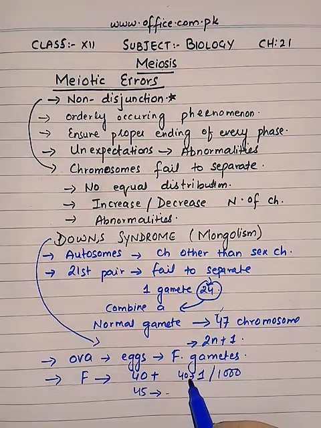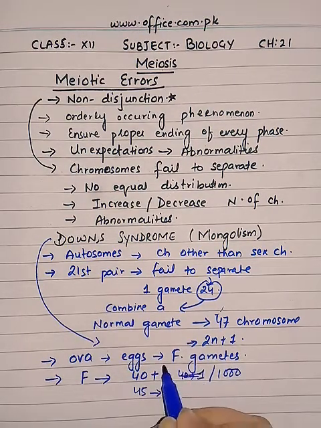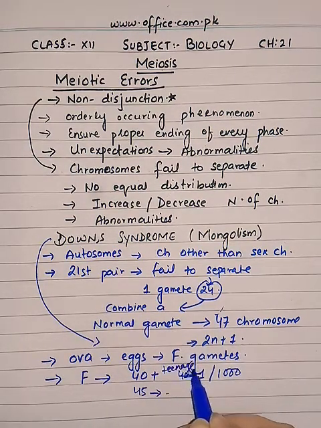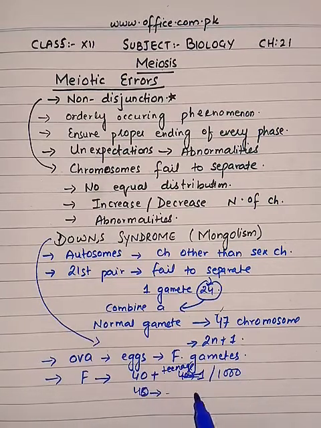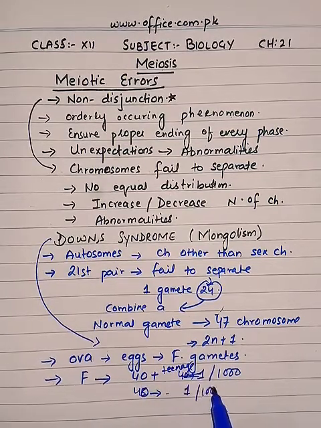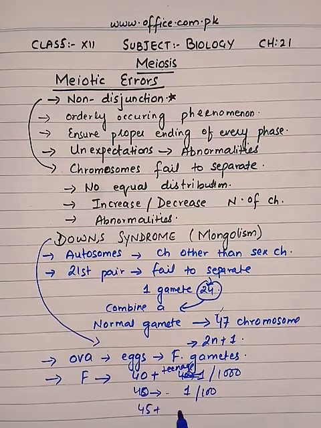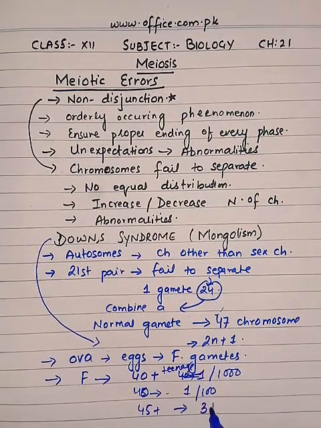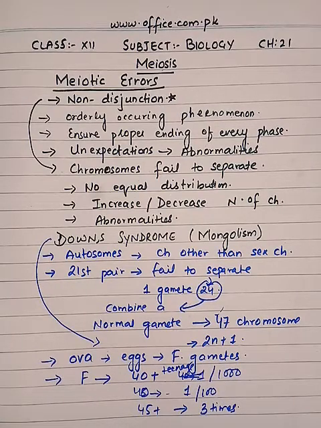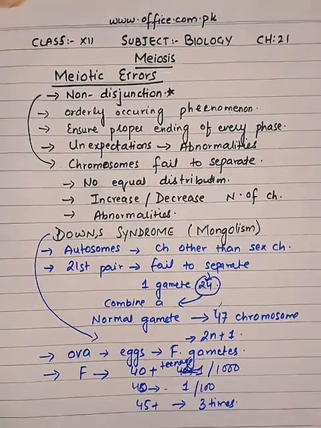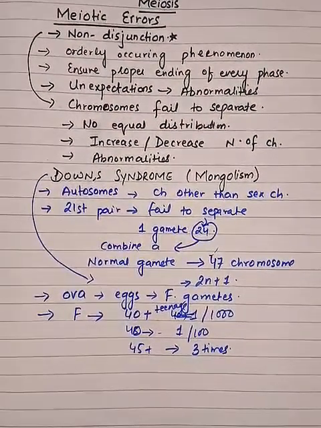In teenage there will be a chance of 1 in 1000. If she is 40, it will become 1 in 100, and if she is 45 plus, the chances are 3 times more. So the individual who gets affected as a result of this syndrome will have certain specific characteristics.